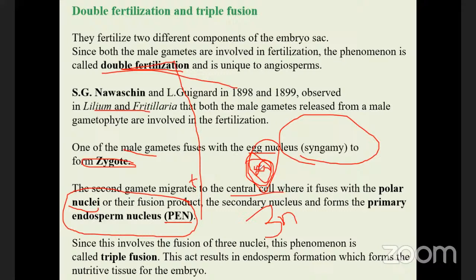Like that, there is variation: 5n, 6n, 9n. Endosperm ploidy is based upon the polar nuclear stage, whether a single polar nucleus, two polar nuclei, four polar nuclei, eight or nine polar nuclei. Based upon that, there are various stages of the endosperm. Usually triploid.